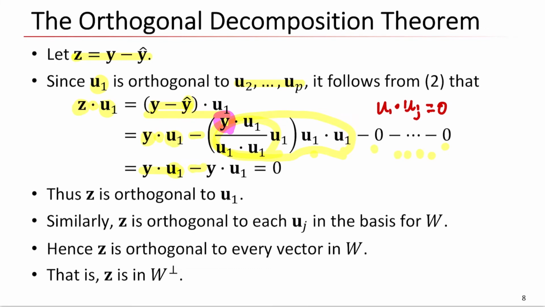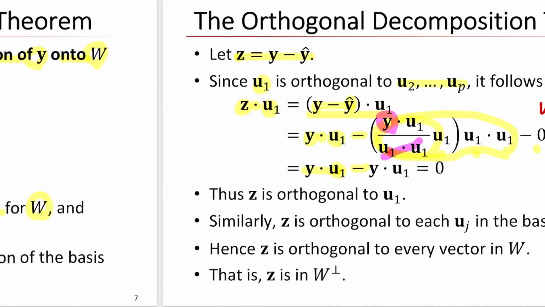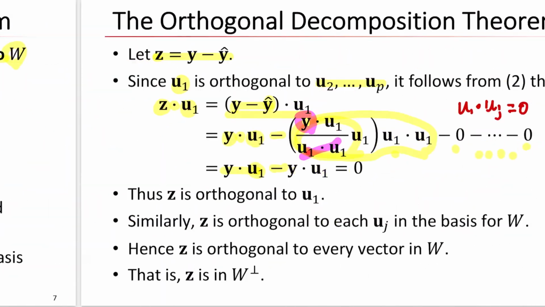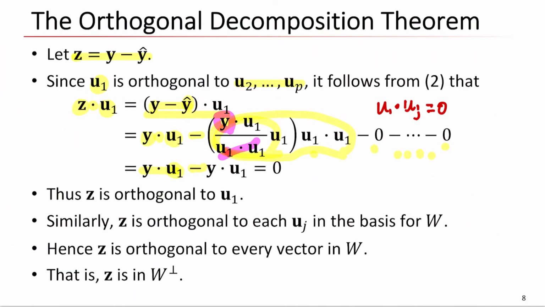And there is no u1 because u1 is here. So in this case, this term is eliminated by this term, right?